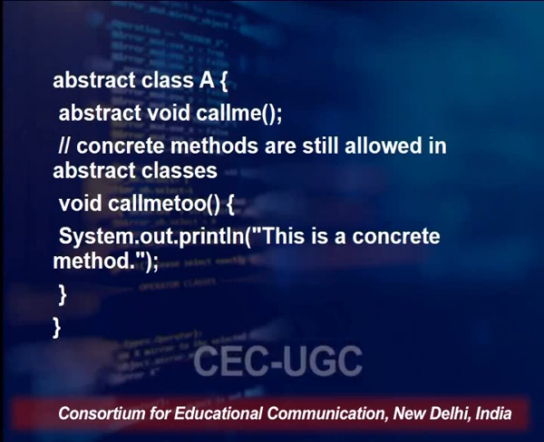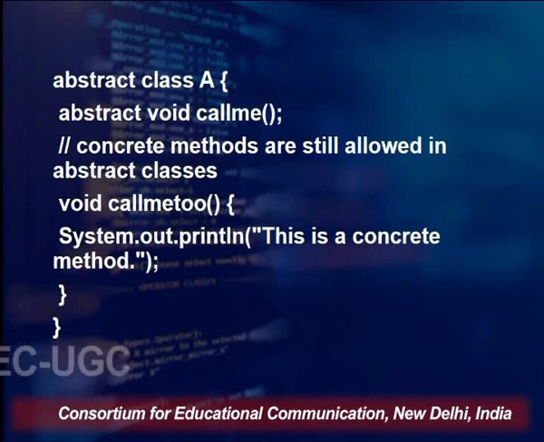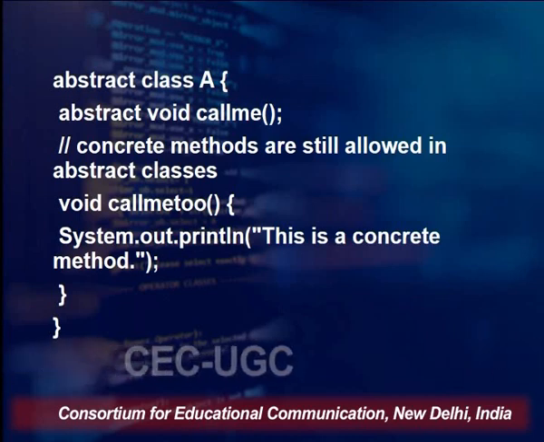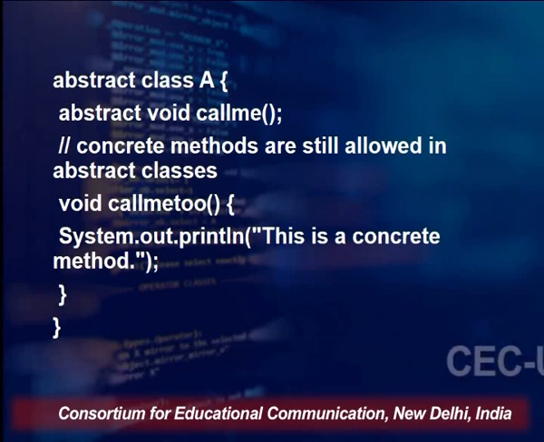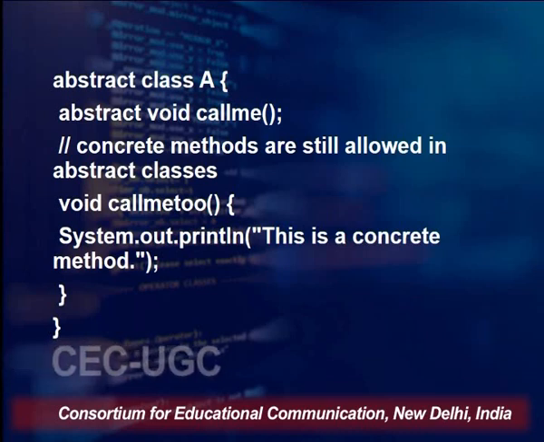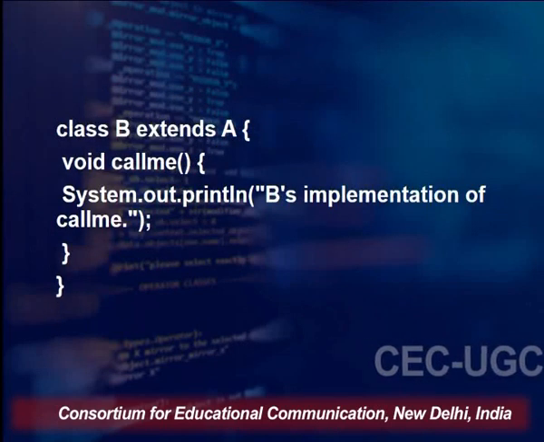So here this abstract class A has two methods. One is the callme method, which is abstract, and another is the callme2 method, which is a concrete, non-abstract method, and it just prints one statement which says this is a concrete method.